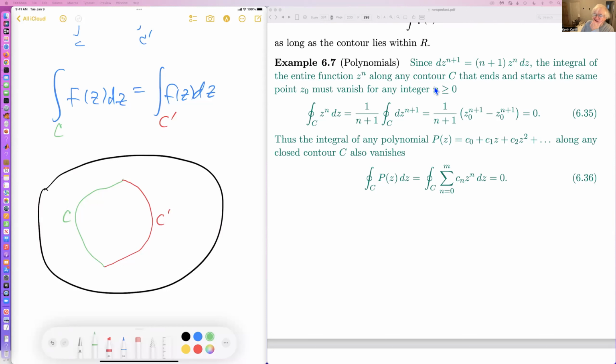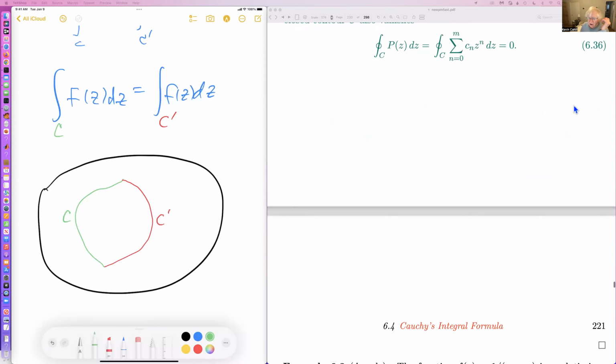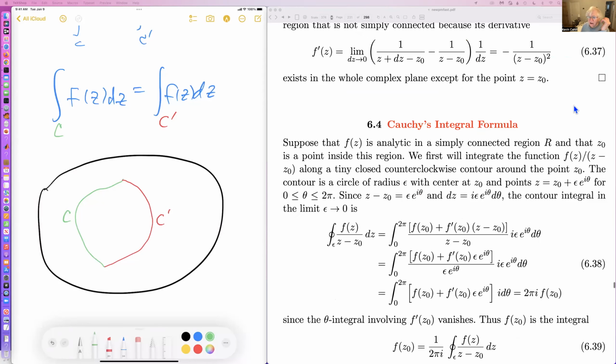One way of seeing that for a polynomial is that the closed line integral of z to the n dz gives z to the n plus 1 over n plus 1, and that just gives us z0 to the n plus 1 minus z0 to the n plus 1, which vanishes automatically.